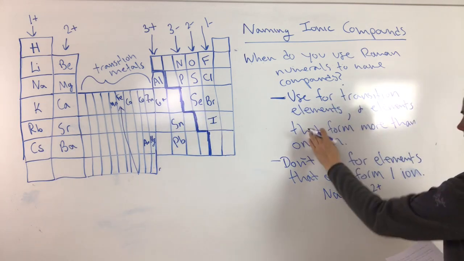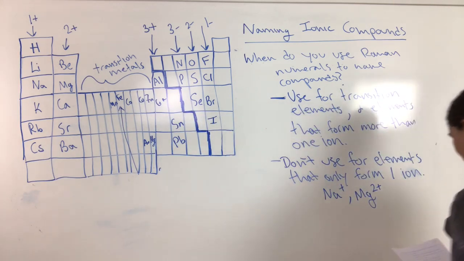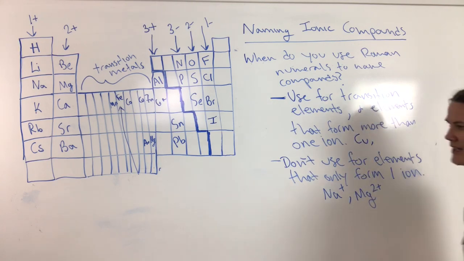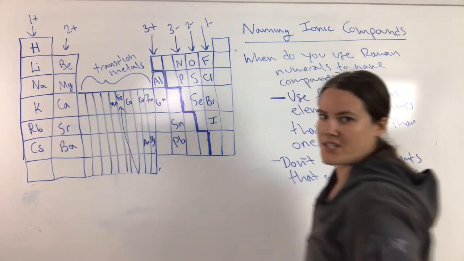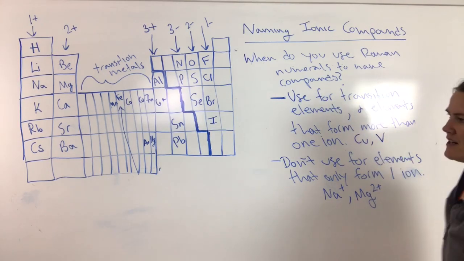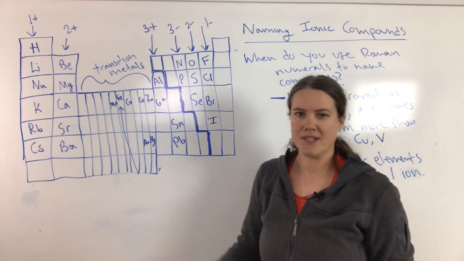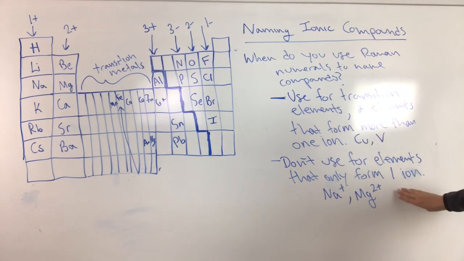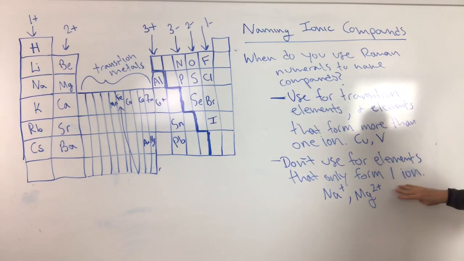Whereas if we have elements that form more than one ion, for instance copper can form more than one ion as a transition element, and vanadium can also form more than one ion. It's also a transition element. So you might be wondering, why don't we use the Roman numerals for elements that only form one ion?